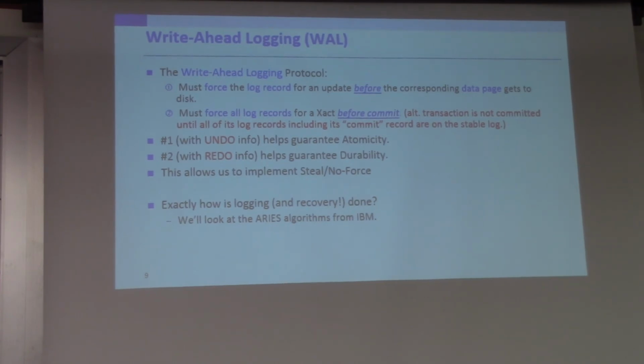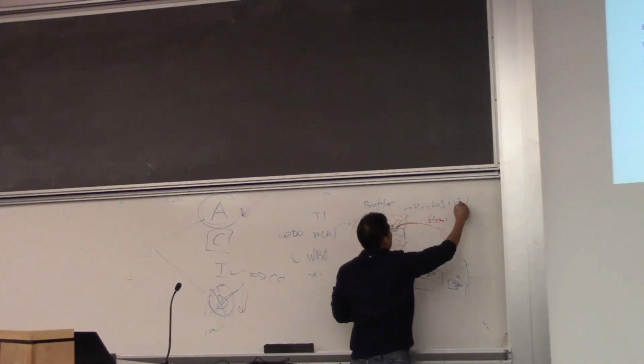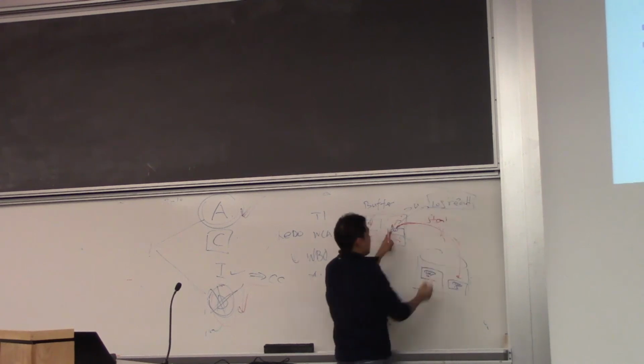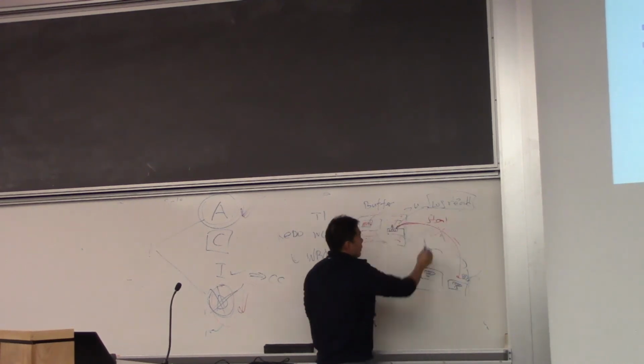This is uncommitted, but I allow you to go back to disk. However, write-ahead logging says, wait a minute. You cannot do this until what? Until the corresponding log record for this update is already on disk. Then you can proceed.